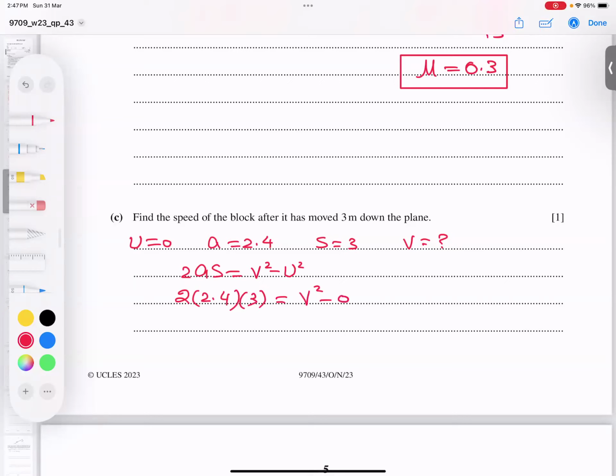Take the root of this one, so 2 times 2.4 times 3, and taking the root, it's giving us velocity 3.7947. Approximately, velocity turned out to be 3.79 meters per second. So I believe this point is also very clear.